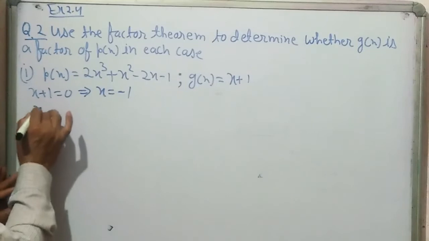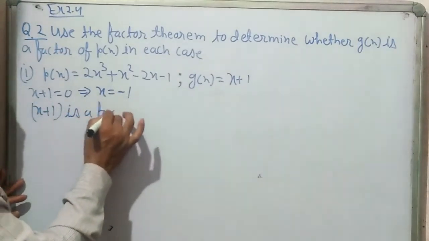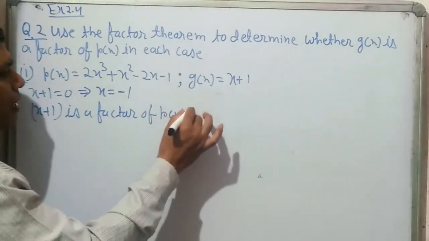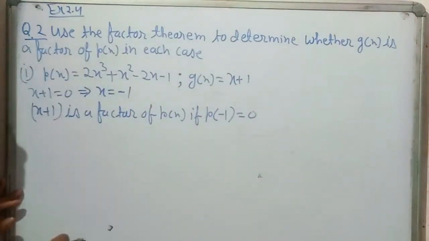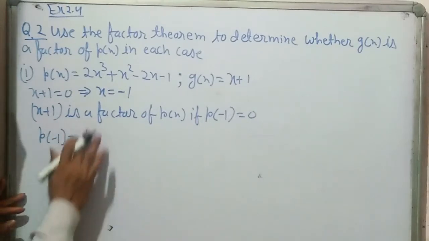Right? So we can write this statement, x plus 1 is a factor of p(x) if the polynomial's value at minus 1 is 0. So we have p of minus 1.